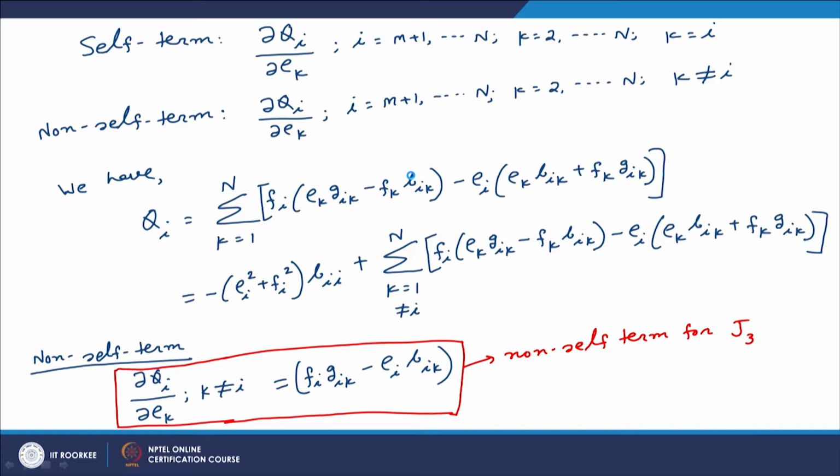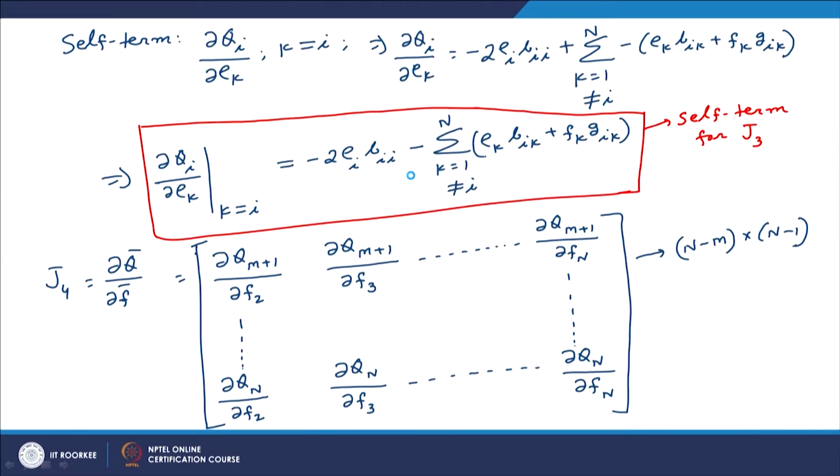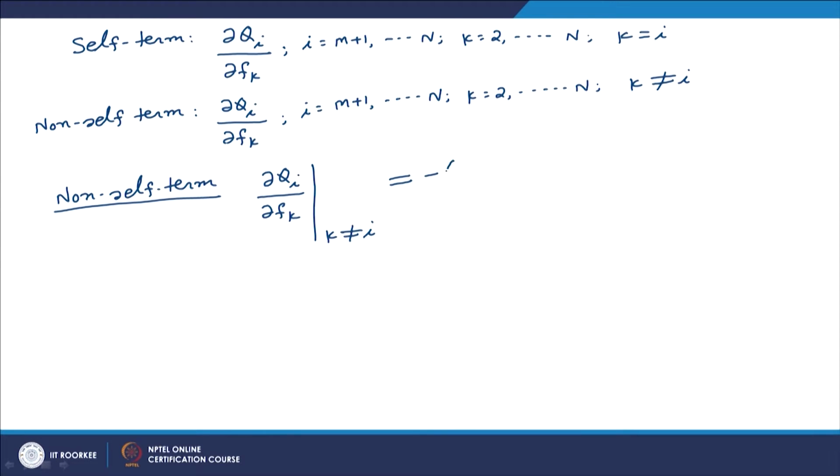So, this term would be 0, and we get one term from this, that is minus F i B i k, and one term from this, that would be minus E i G i k. This term also would be 0. So, it is minus F i B i k minus E i G i k, so it would be minus (F i B i k plus E i G i k). So, this would be the non-self term.